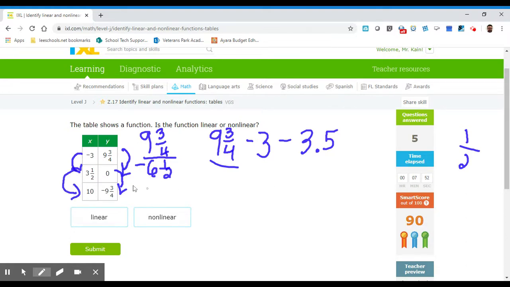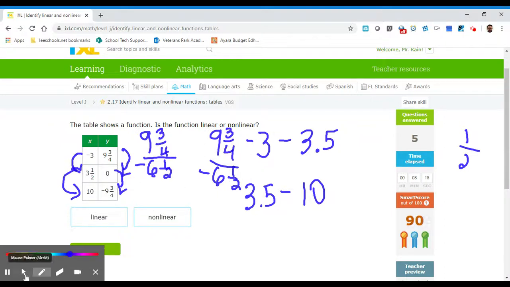We have 3.5, positive 3.5, minus 10. Well, this is the same thing as 10 minus 3.5, which is, let's see, 6.5? Yes, -6.5, which is -6.5. So these are the same. So this is going to be linear. So one trick when you get to this level is convert your fractions to decimals and just subtract it that way.